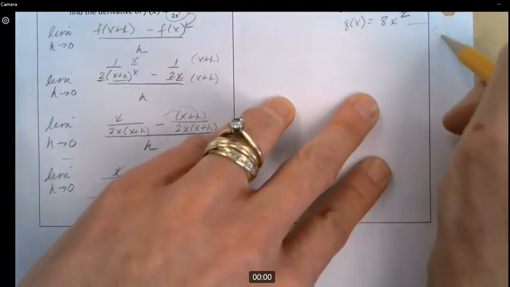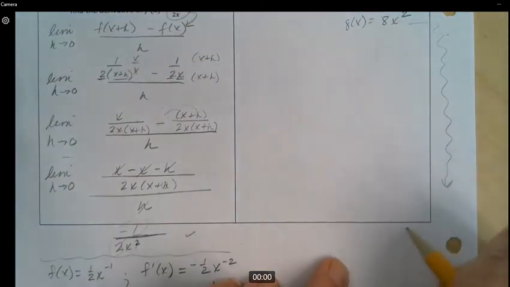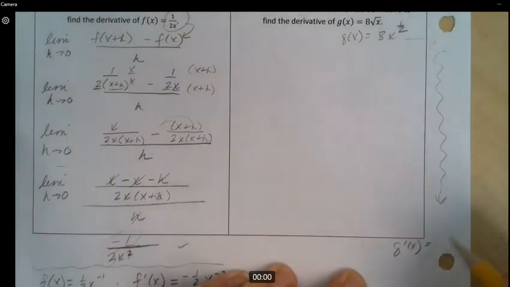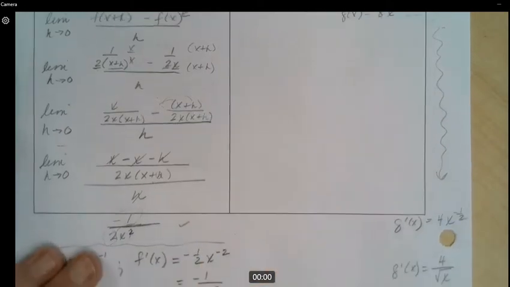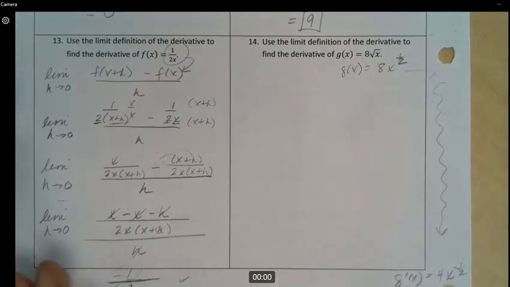So what we're hoping, down a long and winding road, is that we figure out that the derivative is equal to 1/2 times 8, which is 4x to the -1/2 power. So we're hoping for an answer of 4 over the square root of x. That's what we're hoping for. Are you ready? Do you want to see it?